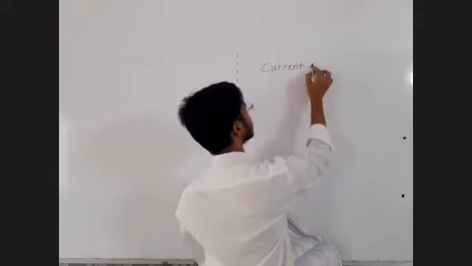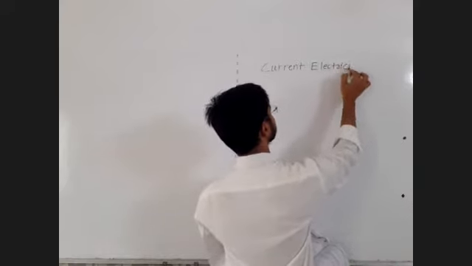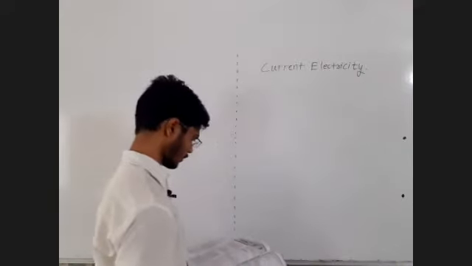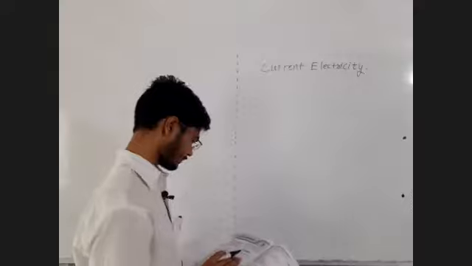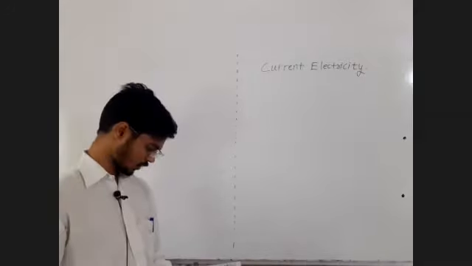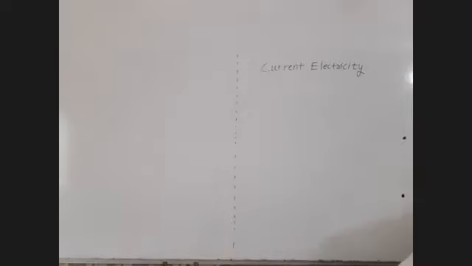Current electricity is the name of chapter 3 in module number 3. The first point is what is a conductor, second is what is an insulator, and third is semiconductor. I will dictate.